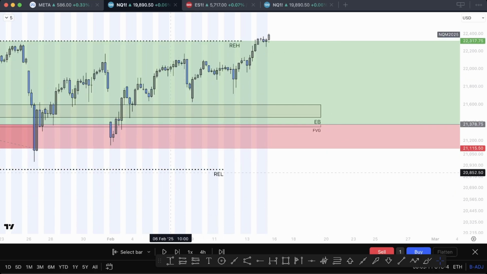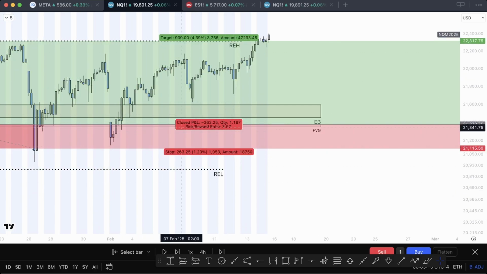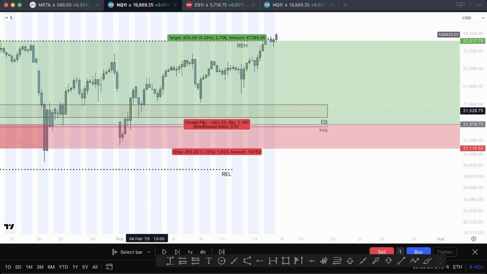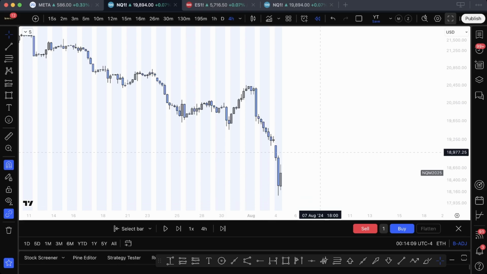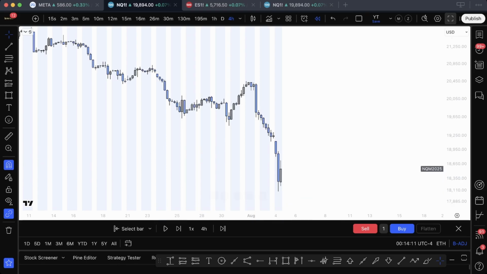The reason why this trade worked out is ultimately because market structure is bullish on essentially all time frames. If you were looking to target the relative equal lows, you would have lost this trade because you are not trading with market structure. So it's very important to be trading with market structure and also knowing what is the proper draw on liquidity.